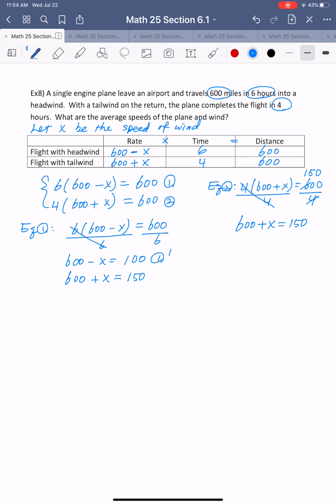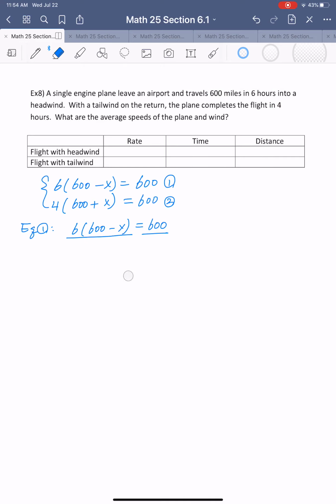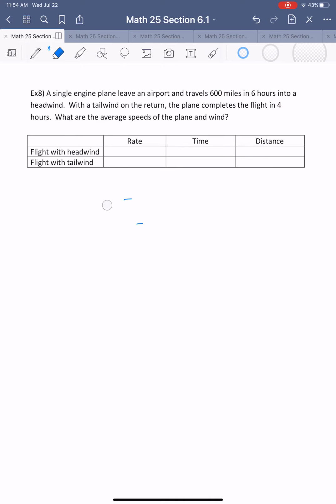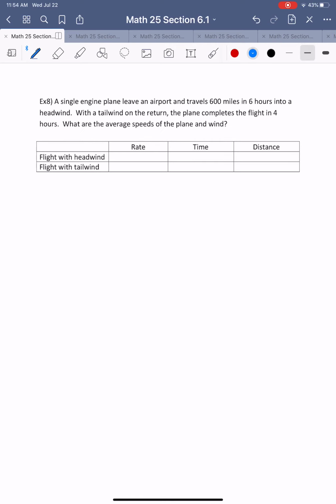What am I doing here? Okay, I'm sorry. Let me try this one. I don't think this is what I'm talking about. Sorry about that. I was thinking about one variable. Alright, so I want to redo this, okay? So I want to say the rates are x and y, which are different. It takes 6 hours and 4 hours, and the distance is 600.